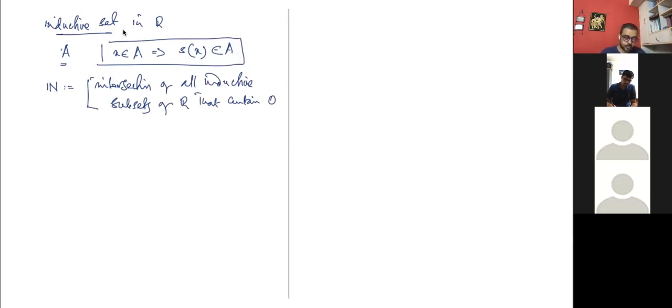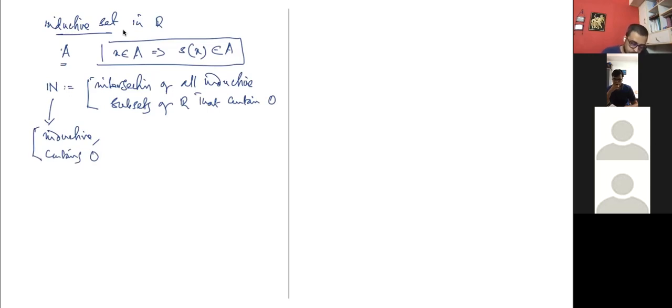And we had already observed that the intersection of a family of inductive sets is again inductive. So this set itself is inductive and contains 0. These two you can already see from the definition.